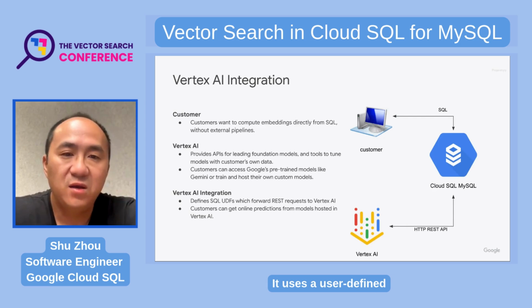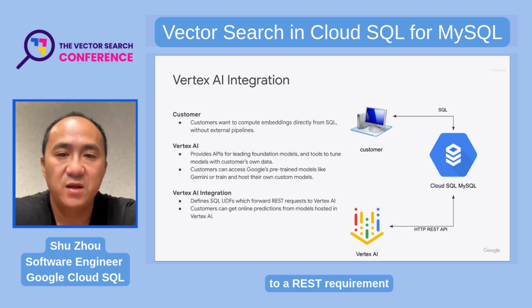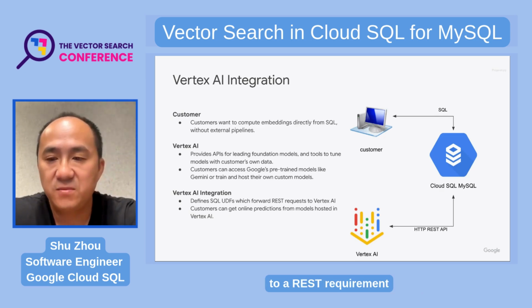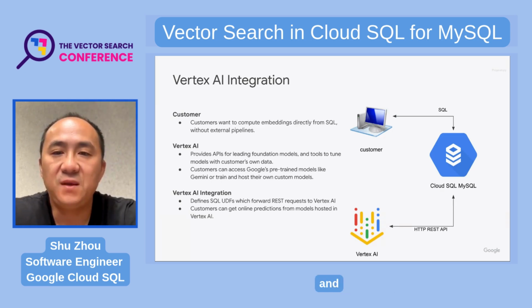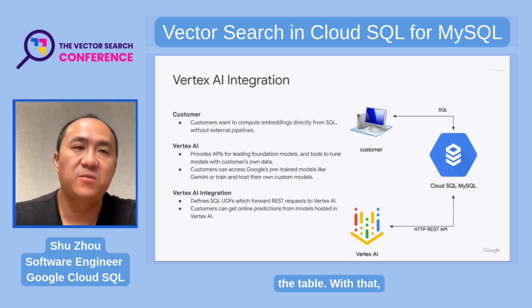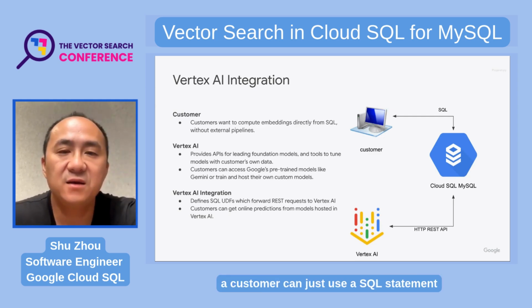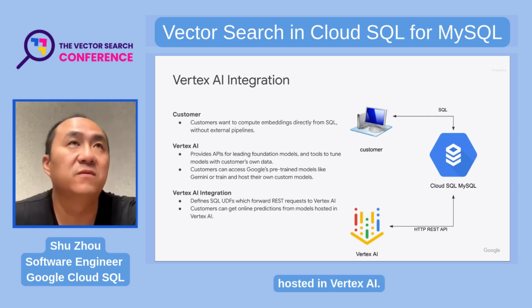It uses a user-defined function to transform a user query to a REST request from the Cloud SQL MySQL instance to Vertex AI, and then gets the data back, and then updates the table. With that, a customer can just use a SQL statement to get online prediction from models hosted in Vertex AI.